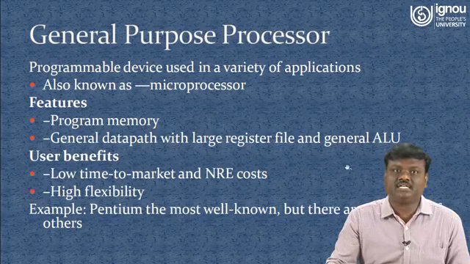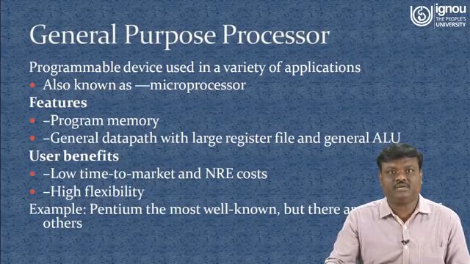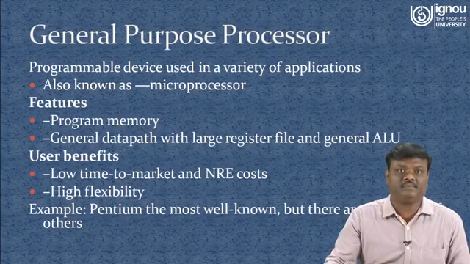And then the features are program memory and general data path with large register files and general ALU. All these things are part of the general purpose processor. Then coming to the features, it is low time to market and NRE cost and high flexibility.